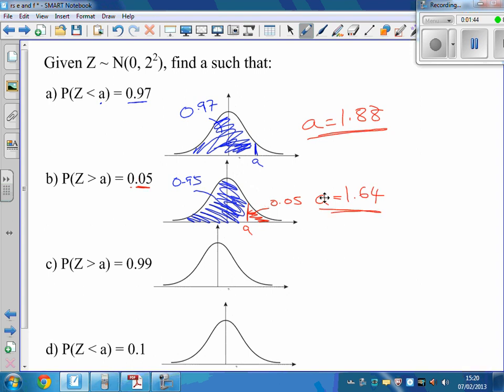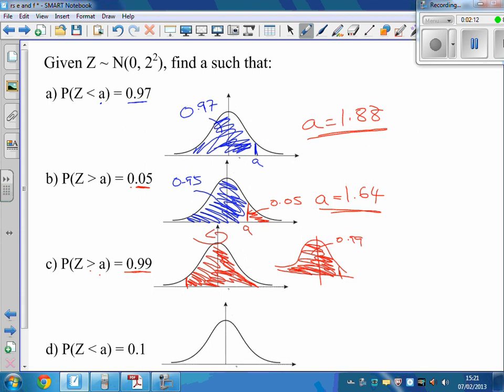On we go, the next one. Greater than. Lots of it greater than. So we must be all the way down here, because look how much is greater than that. All of that is greater than it. Now the way we think about this one is we just reflect it. We turn it round the other way and say, okay, that's going to be exactly the same point that's got 99% less than it.